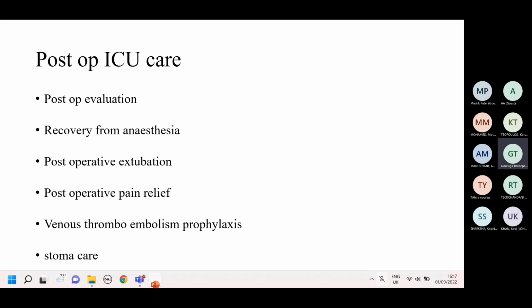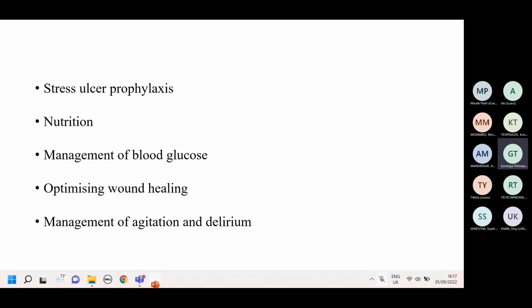Then the post-operative care, I'm going to discuss later. Venous thromboembolism prophylaxis comes mainly under ICU patient care, though usually the ward does it also. And mainly the stoma care. On the next slide, stress ulcer prophylaxis, as you all know, I don't need to mention that.